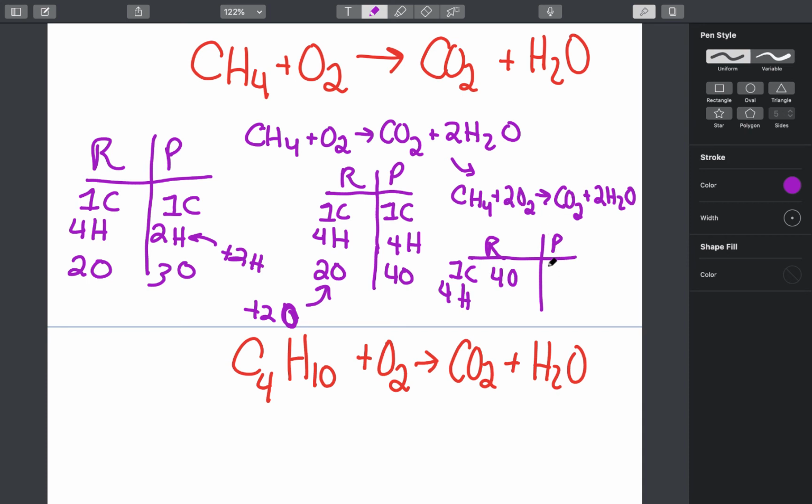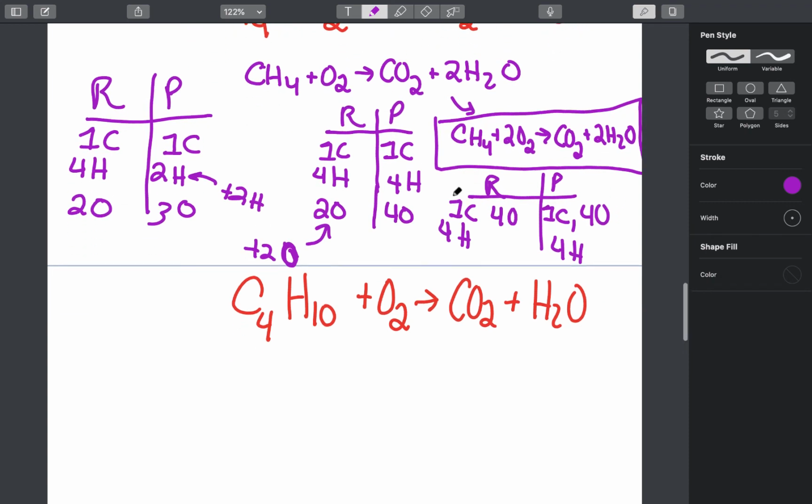Next we get 1 carbon on the product side, 4 oxygens from the 2 O's on the CO2 and the 2 O's on the water, and then 4 hydrogens. So therefore we see that this equation is balanced. So this is your answer.